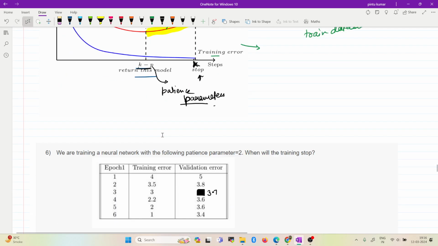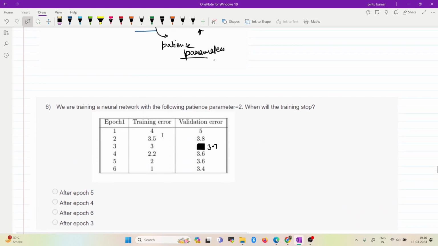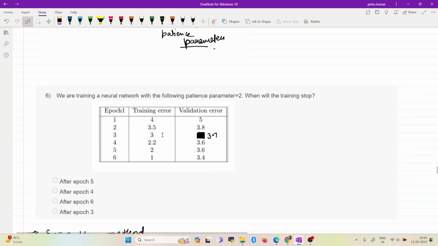Okay. So here is an example. This is very similar to what you have in this year's assignment. I just changed one value over here. Let's say these are your training errors and this is your validation error. You can clearly see that your training error is decreasing. If you have, let's say, patience parameter 2, it is asking you when you should stop training. Let's say we look at epoch 1.